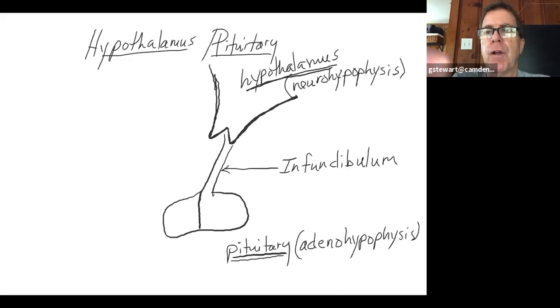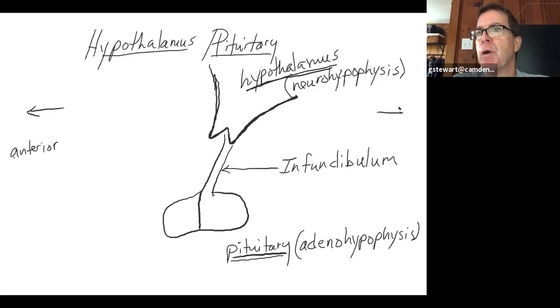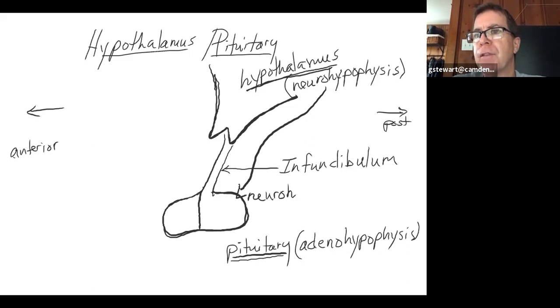If this is the front, if I'm facing this way and you're looking at my profile, and you're examining my brain, this would be my face or anterior side of my head. This is posterior. So we call this the anterior pituitary.